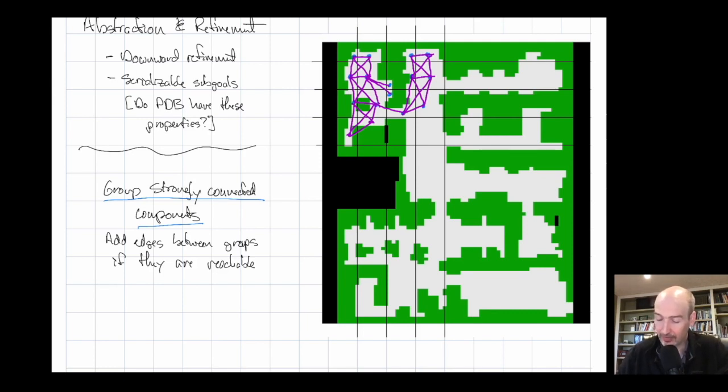But one of the things we notice is if I think about this map, if this map is taking a lot of memory and a lot of overhead, then this abstraction is going to be very, very small in relationship to the entire map.